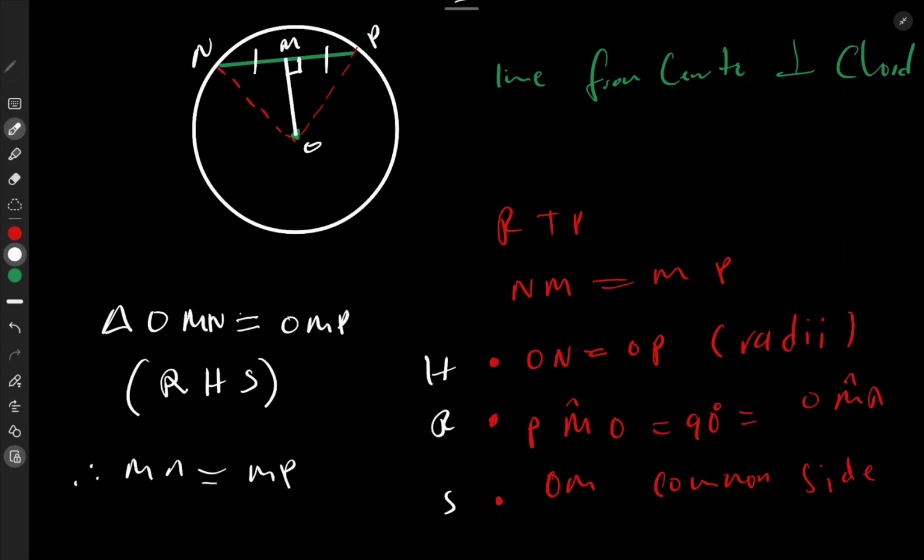So now you know theorem number 1: given that there is a line from the center to the chord and it makes 90 degrees, that tells us it bisects the chord equally.